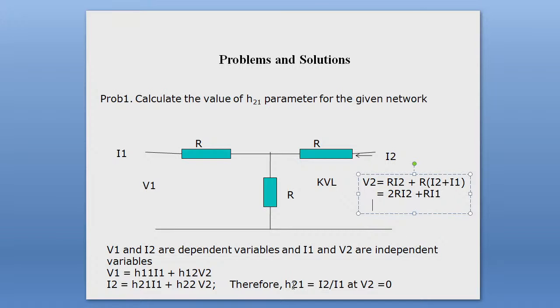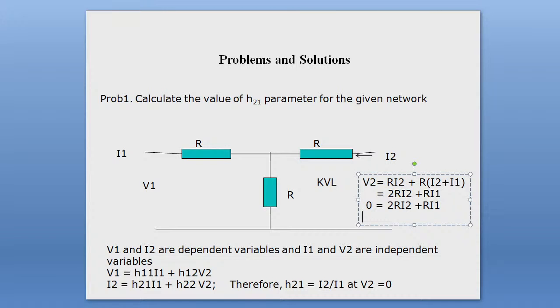To calculate H21, we have considered V2 equal to 0. That means port 2 is shorted. The port 2 has been shorted out, so we can write V2 as 0 for this case according to our problem. 0 equal to 2R I2 plus R I1.